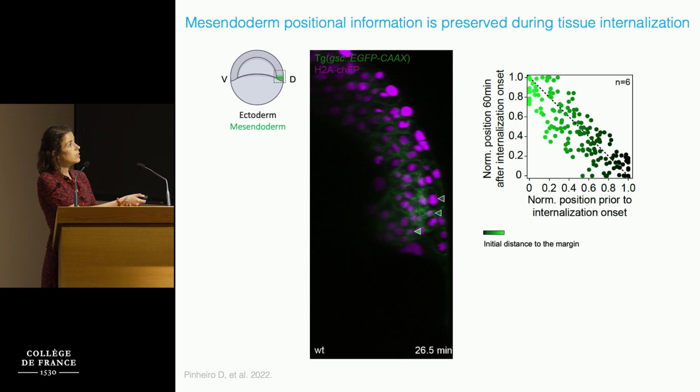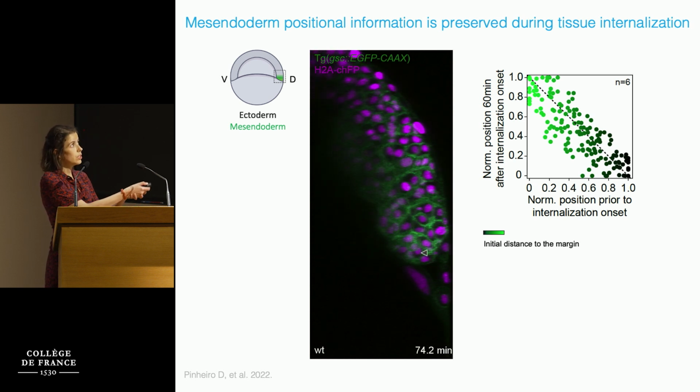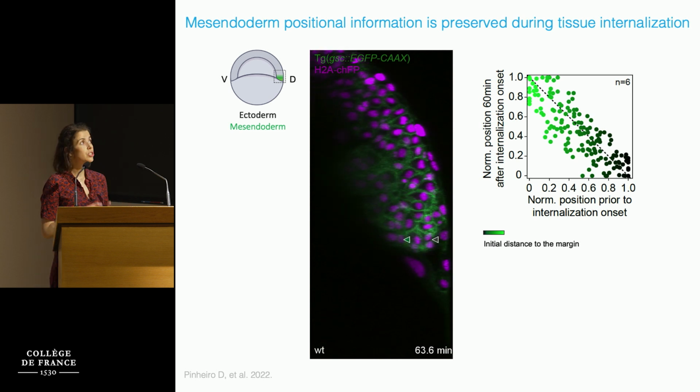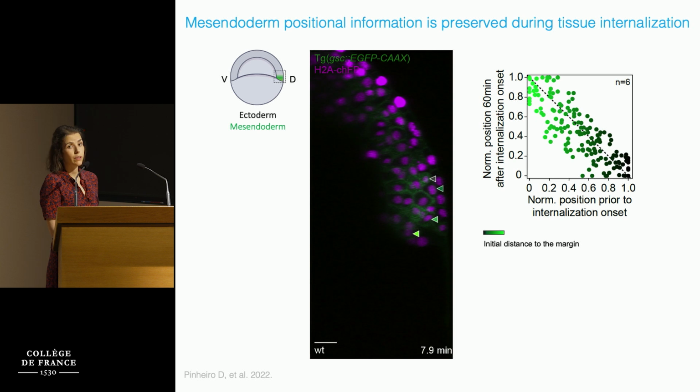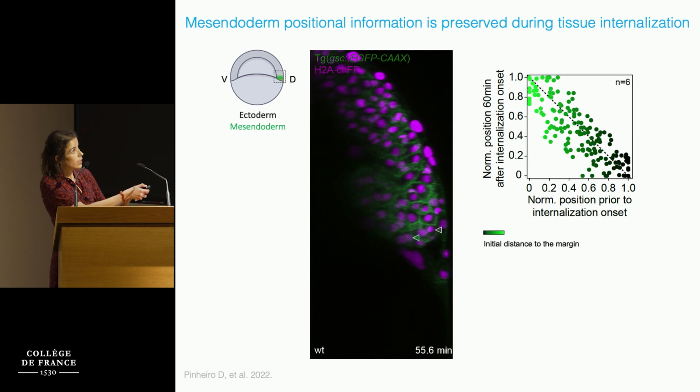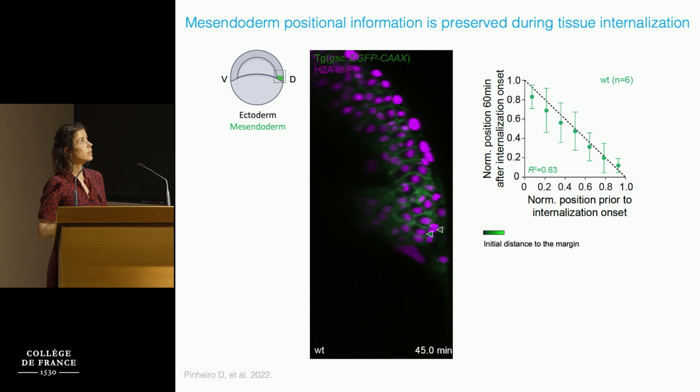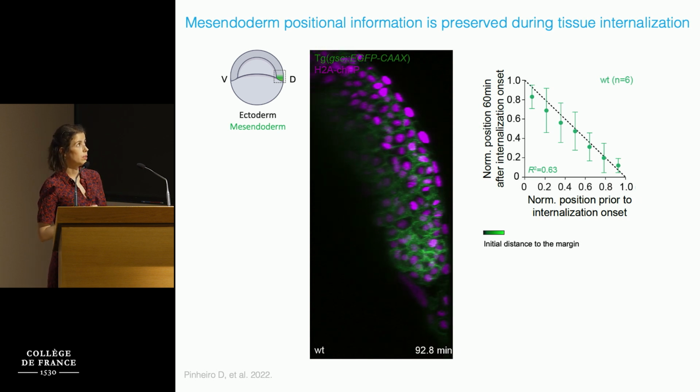If you look at the relative position of cells at the start of gastrulation and an hour later, you retrieve the same color code that you had before, which indicates near perfect preservation of positional information, here indicated by the dashed line. Of course, you can average across multiple embryos, and you can see that they're able to do this process in a very ordered manner.